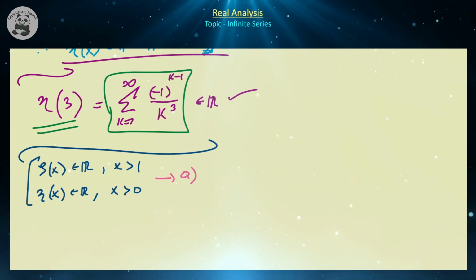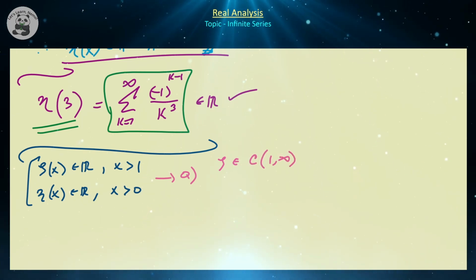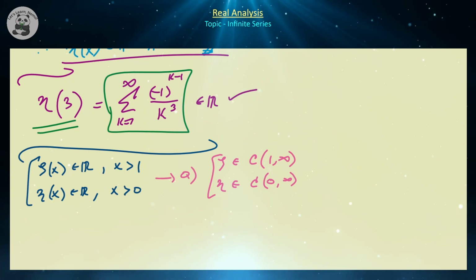Is the Riemann zeta function continuous on the open interval 1 to infinity, and is the Dirichlet eta function a continuous function on the open interval 0 to infinity? And if you're feeling very adventurous, I invite you to test whether these functions are uniformly continuous, Lipschitz continuous on those domains or not.